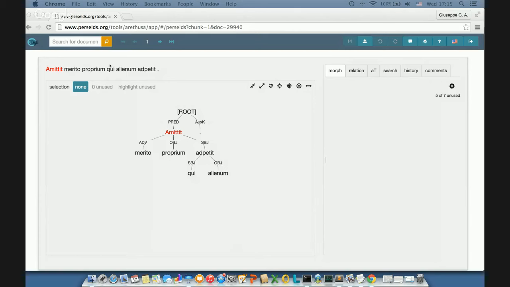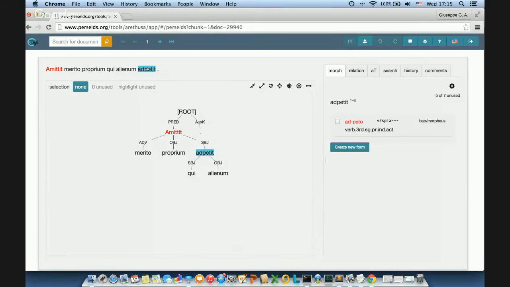What we do again is taking the verb of the relative clause. In this case, we have a relative clause here, and we attach it to the verb. Okay, so this is why the verb is here attached to amittit.